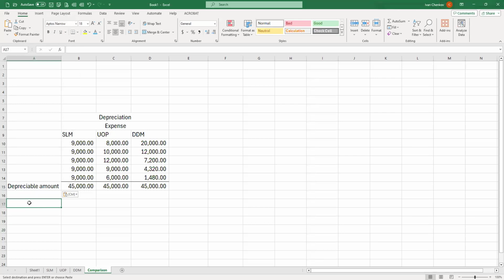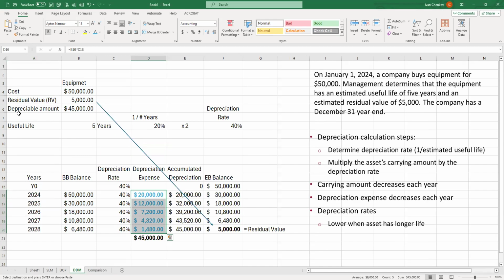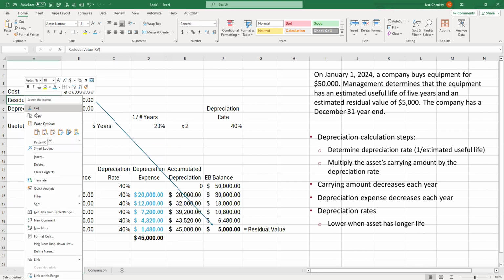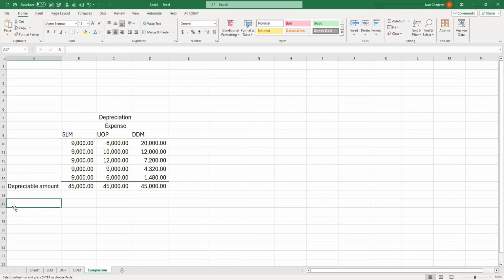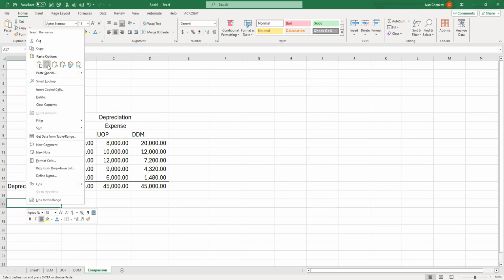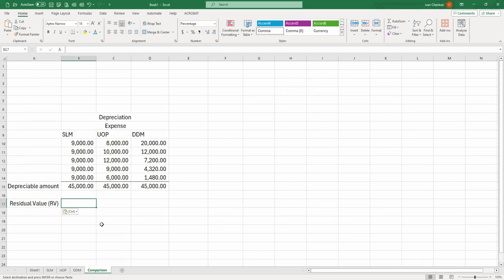And all of them give us the balance of $5,000, which represents the residual value of $5,000.